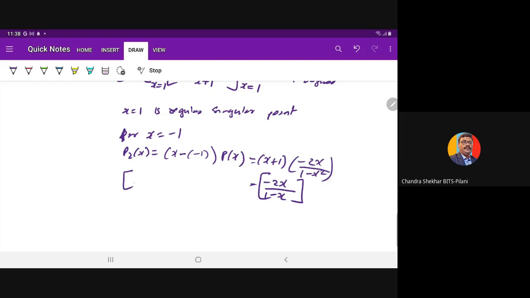When we compute the value of P2(x) at x = -1, it is well defined.